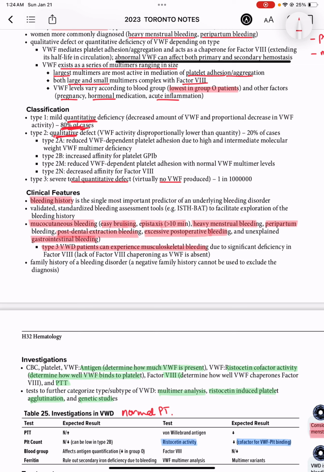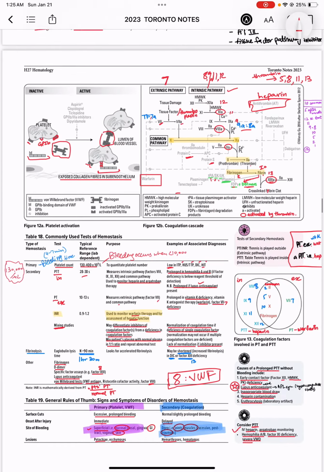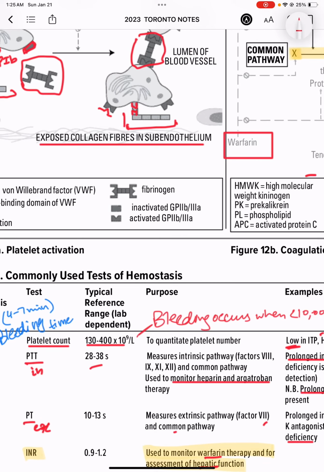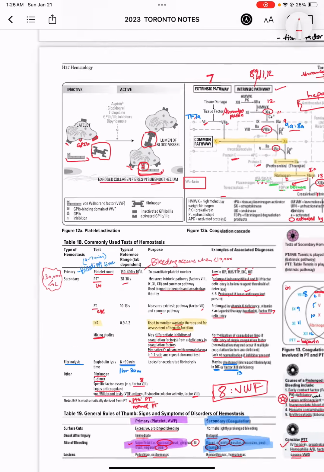But in type 2, there would be problems with the quality of von Willebrand factor, the quality of its affinity with the platelet glycoprotein 1b, because we saw in this diagram that von Willebrand factor gets attached to the subendothelium, and from there it gets attached to the glycoprotein 1b on the platelet.